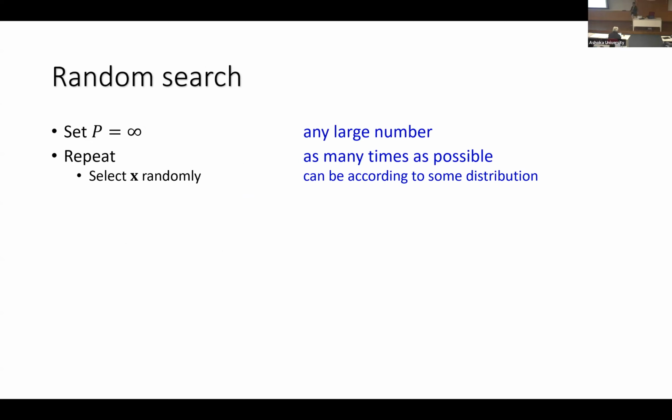So select a random value of x, calculate f of x, and pick the minimum of the two, whether the stored value is minimum or the f of x is minimum, and that's your algorithm, right? Of course, this is highly parallelizable. You can just calculate your f of x on multiple machines, and then once in a while bring them together and pick the minimum.